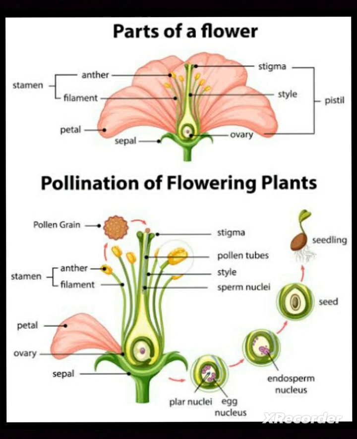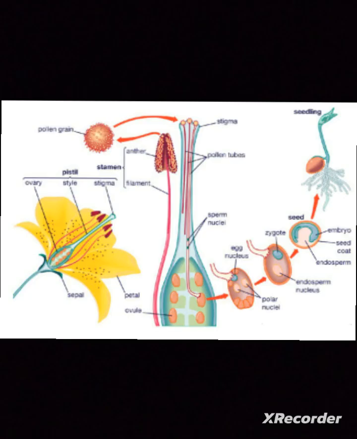The male germ cell produced by the pollen grain fuses with the female gamete present in the ovule. This fusion of germ cells is called fertilization. This gives rise to a zygote, which grows into a new plant. For fertilization to occur, the pollen grain needs to be transferred from the stamen to the stigma.